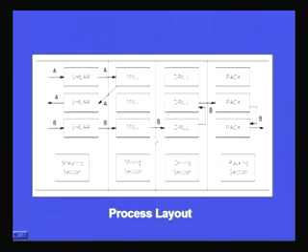So basically what we need to understand here is that the machines or the sections are not aligned according to the processing sequence of the product, but according to the similarity in the type of machines in that section.